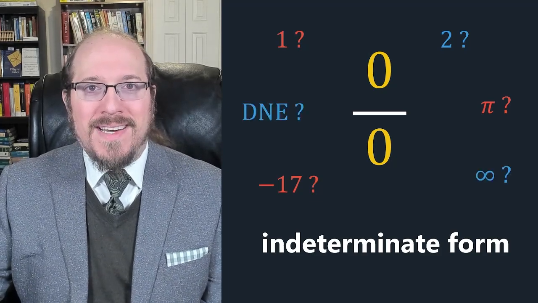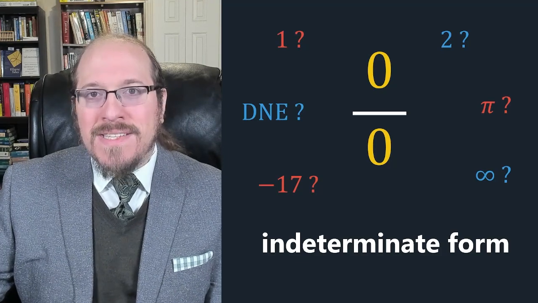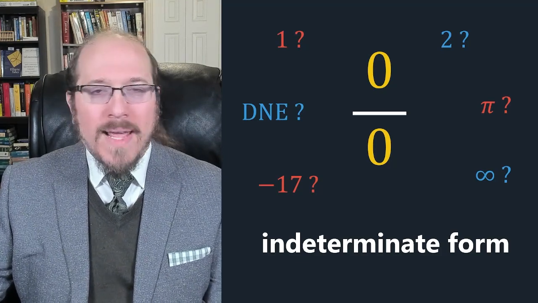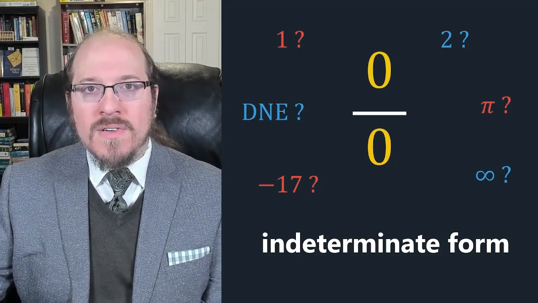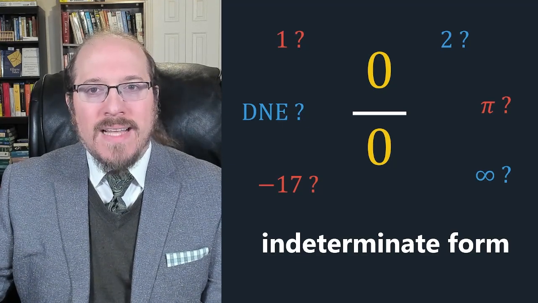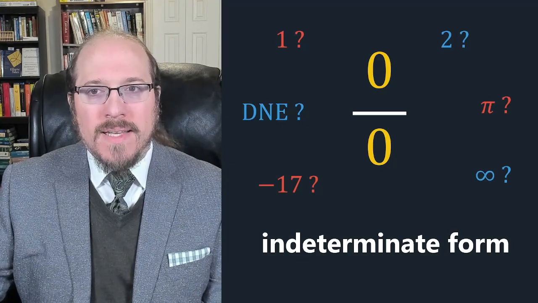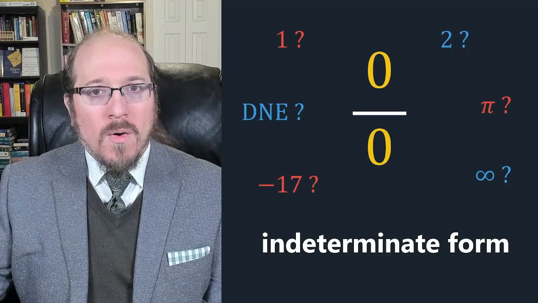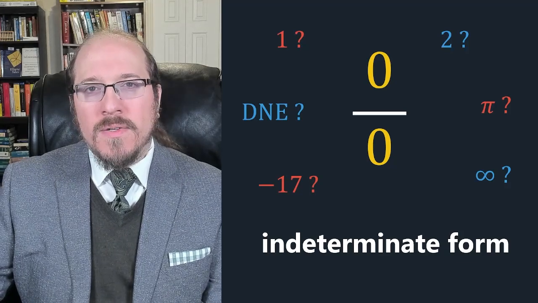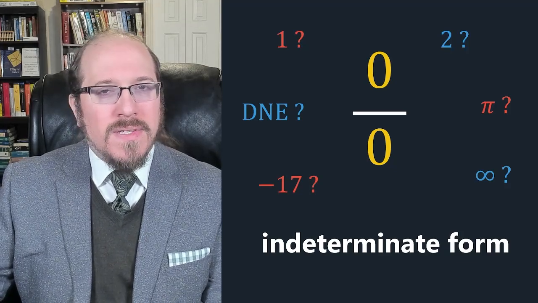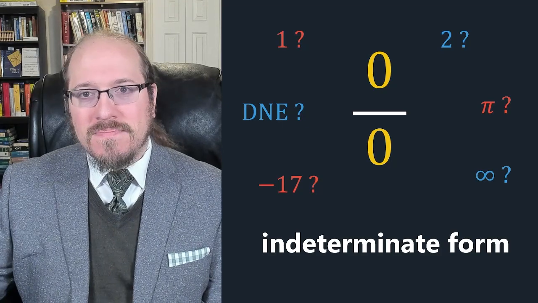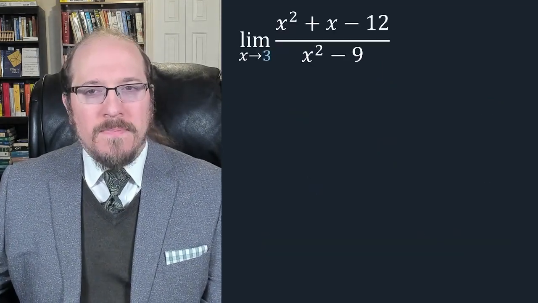There's no way to tell. That's what makes it indeterminate. So when we have a limit of the form 0 over 0, we can't just cancel out 0 over 0 and get 1 immediately, as nice as that would be. Whenever that happens, it's actually a clue that maybe some algebraic massage is what we need. So let's see what we can do.